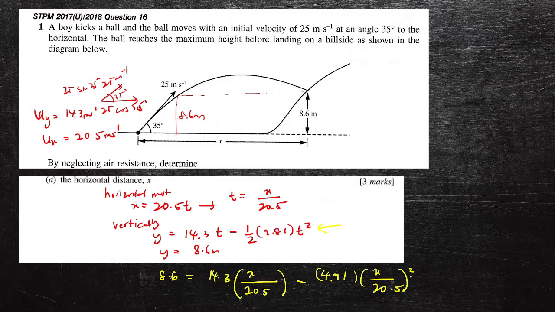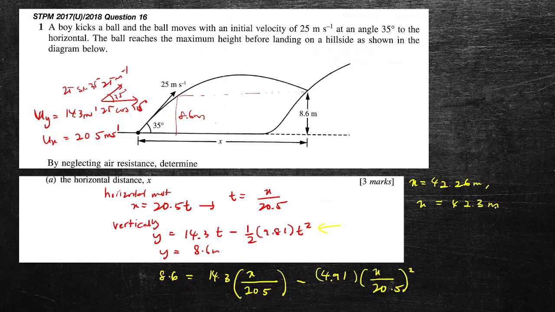Okay, so this is a quadratic equation. You can find the x by using the maths. You do the working and you find out that x has two roots. X is 42.26 meter, or x is 42.3 meter.